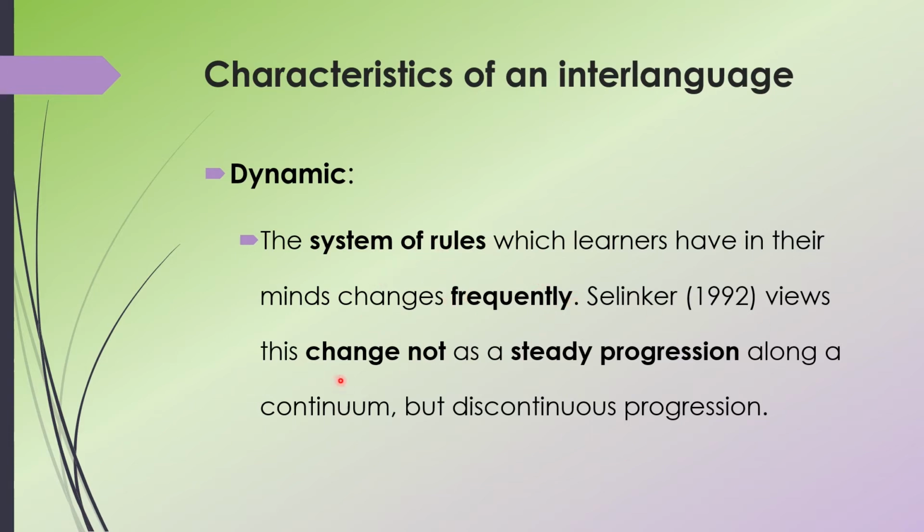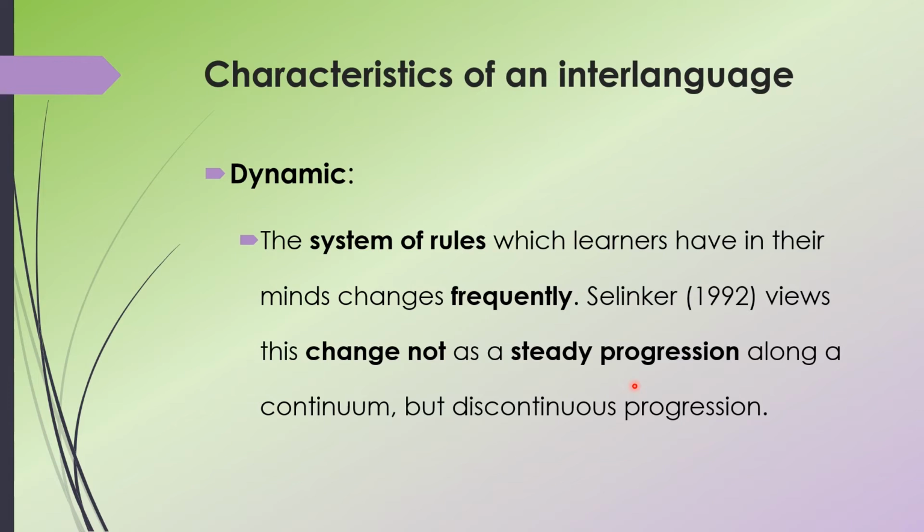Selinker views this change not as steady progression along a continuum, but as discontinuous progression. So of course it can be different as well. As Selinker says, the change may not be a steady progression. That means I have developed the knowledge, that's why I have changed this rule. But you can say that it can change in the opposite direction as well.